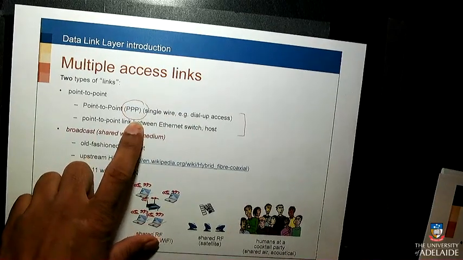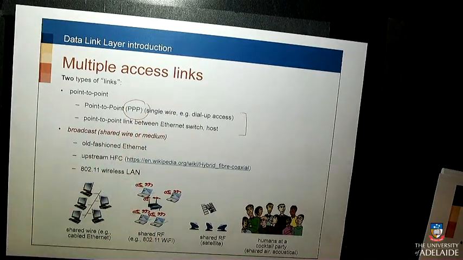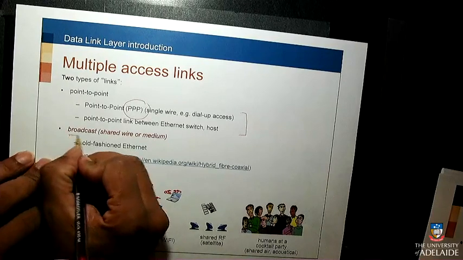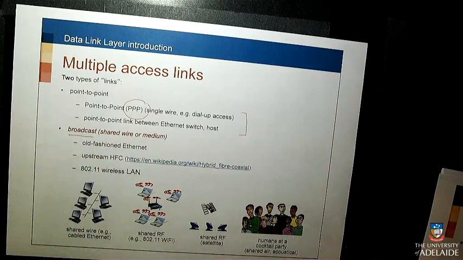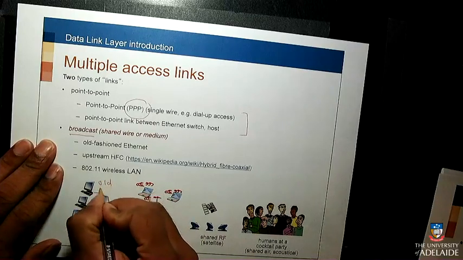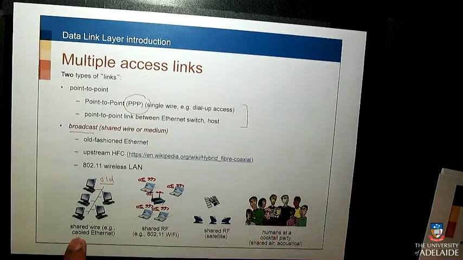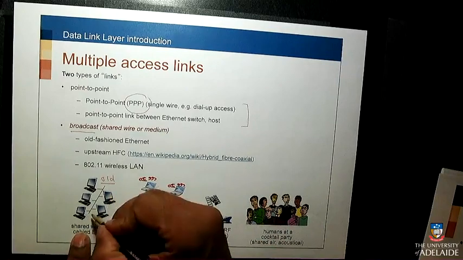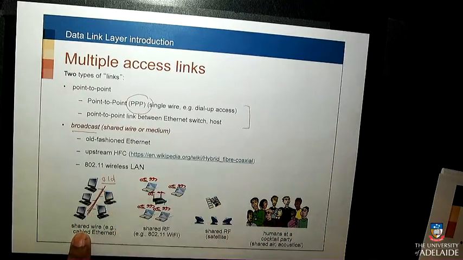So some links are point-to-point, where you don't really have a concept of a shared access. But some links are broadcast. Examples are Ethernet cables, or even Wi-Fi is a good example. Here's an old example. This is a bit old school in the sense that Ethernet networks used to look like that. There was a big wire, and everybody was connected to that wire.